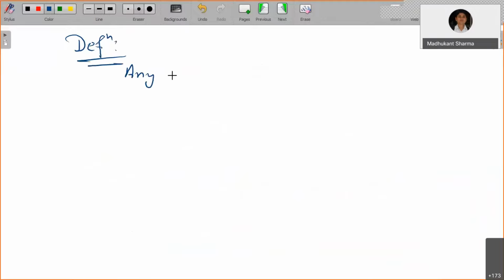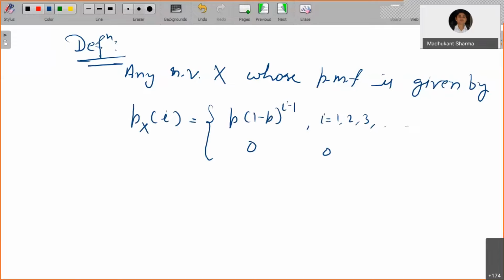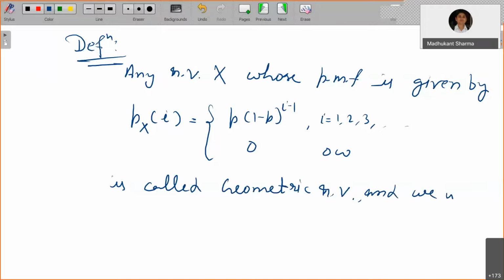Any random variable X whose PMF is given by p_X of i equals p times 1 minus p to the power i minus 1, for i equals 1, 2, 3 and so on, and 0 otherwise, is called a geometric random variable, and we write X follows geometric with parameter p. P is the probability of success here.